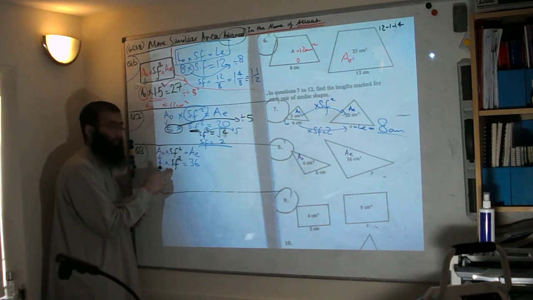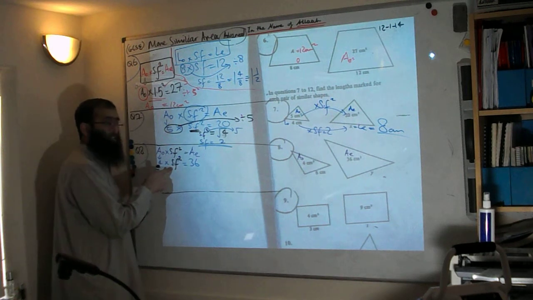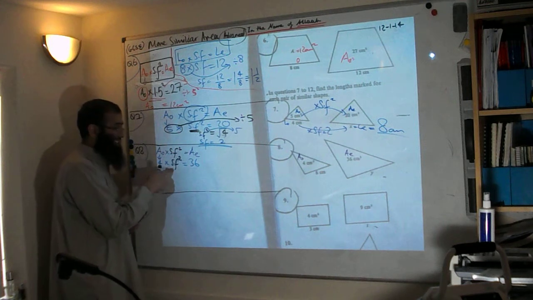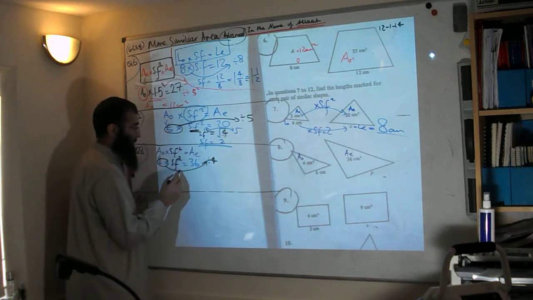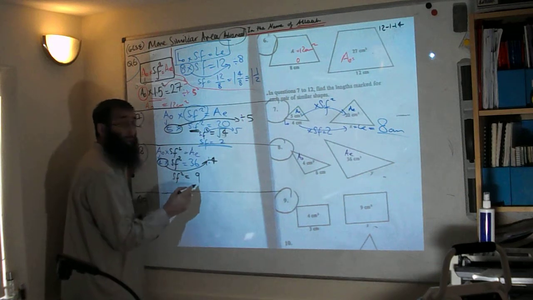Now we're going to look at the scale factor. We know the area original, we know the area enlarged. Scale factor is being squared first and then times by 4. So when we make scale factor the subject, we move the last action first. So opposite of times by 4 is divide by 4. So the scale factor squared is equal to 9.